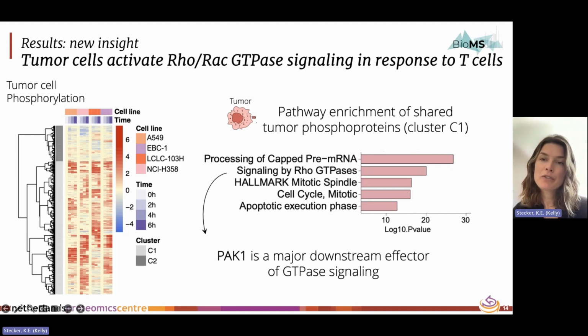And when we looked further into our phosphorylation data, we saw that one of the effector proteins of Rho-RAC GTPase signaling is PAK1, and PAK1 we found was activated by phosphorylation in the tumor cells. So we thought that this would be perhaps an interesting protein that we have identified from our HiSeq phosphorylation data as a potential target to see if we can modulate the sensitivity of tumors to T-cell attack.